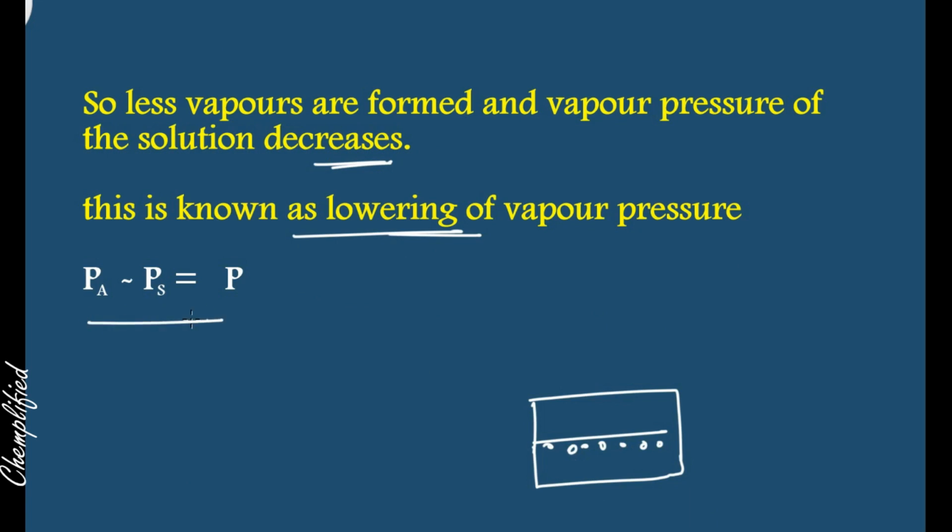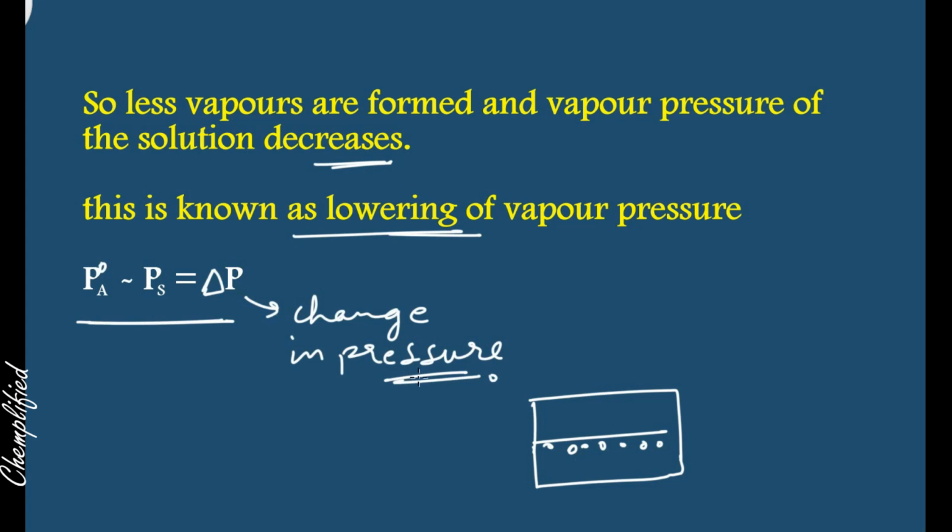I have already told you P naught A minus Ps is equal to delta P, where delta P is change in pressure, or to be precise, change in vapor pressure, right? Since P naught A is larger than Ps, the value will be positive, the change will be positive, and we have a lowering in vapor pressure.